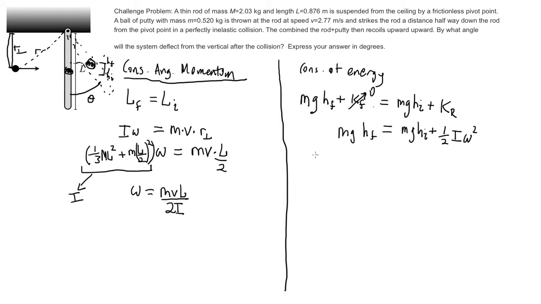So m g times h final minus h initial is equal to 1/2 I omega squared.